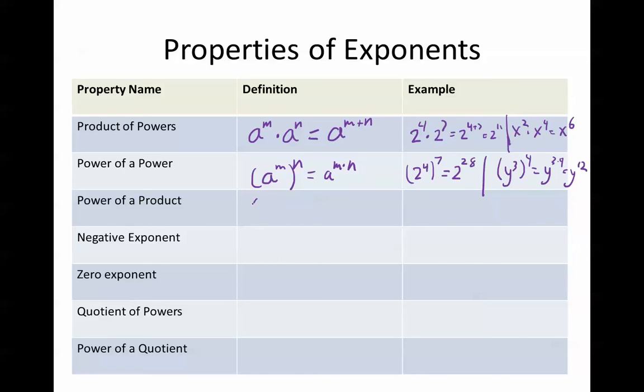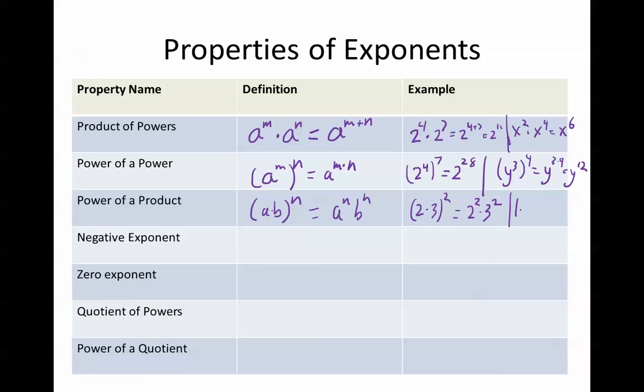We've got power of a product, and what that tells us is that if I have two different numbers inside the parentheses being multiplied together, this is the same thing as taking that power to both of them. So if this was 2 times 3, squared, this would really be 2 squared times 3 squared. It's the same thing.